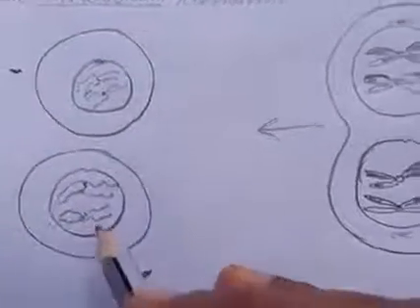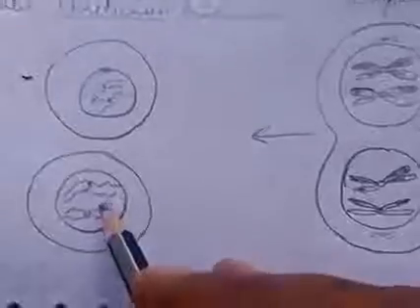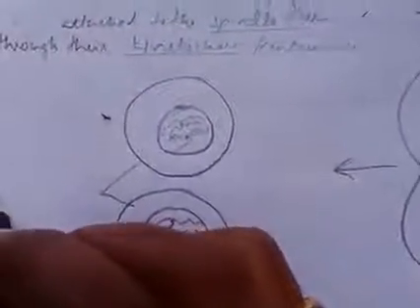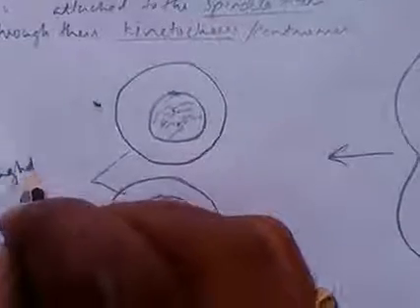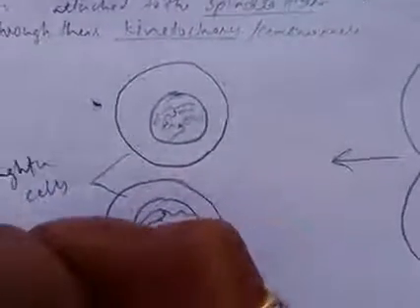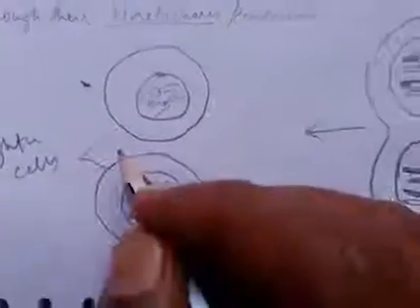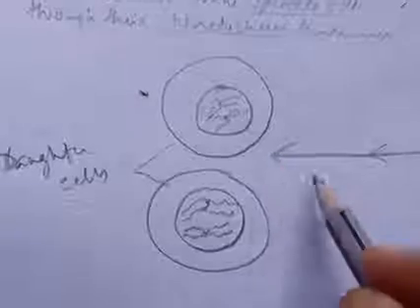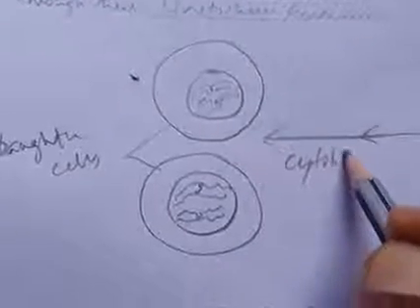Like this, these are said to be two daughter cells. The daughter cells are formed after cytokinesis. This process is said to be cytokinesis.